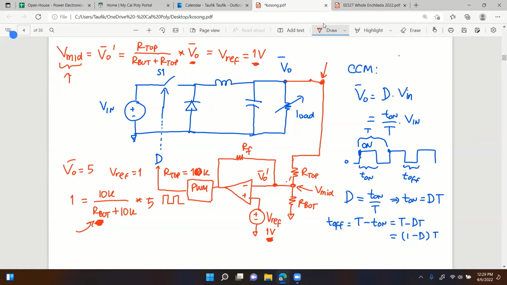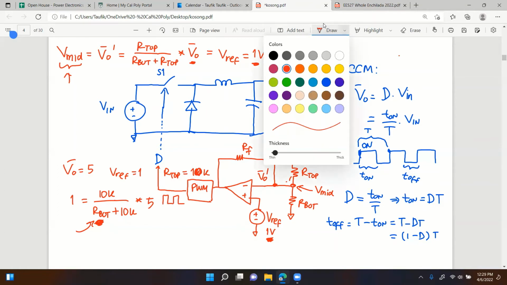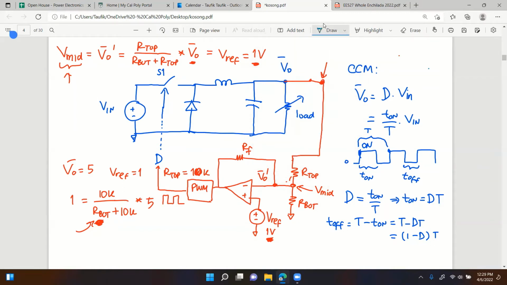Okay. Now, in practice, I'm going to use a different color. Let's say green, maybe. The controller that you pick must be able to provide or facilitate what I need for the signal to come in from the output, and also for the feedback to provide the feedback path right there.